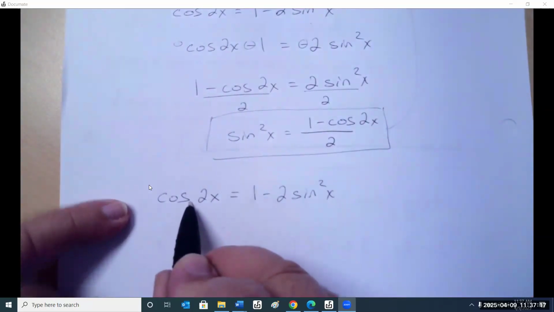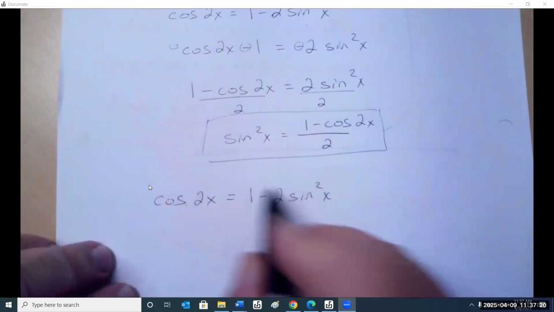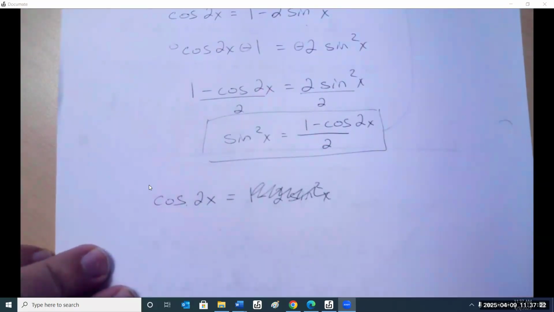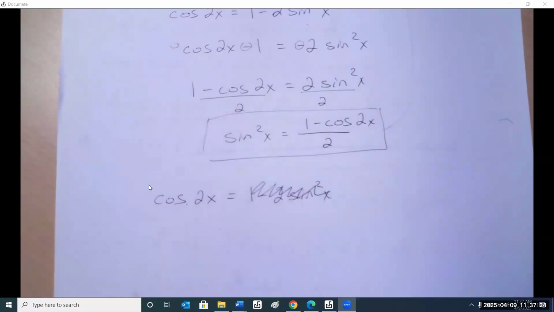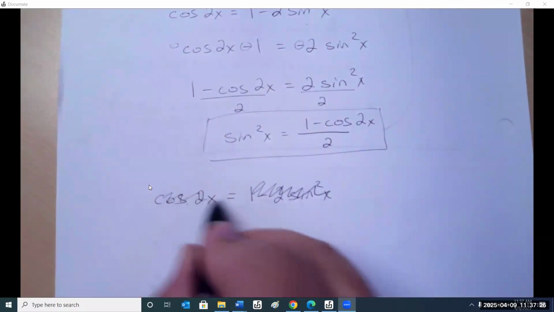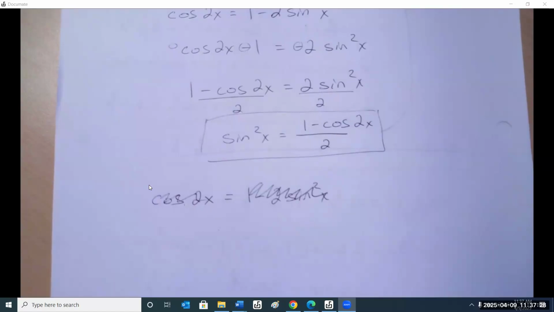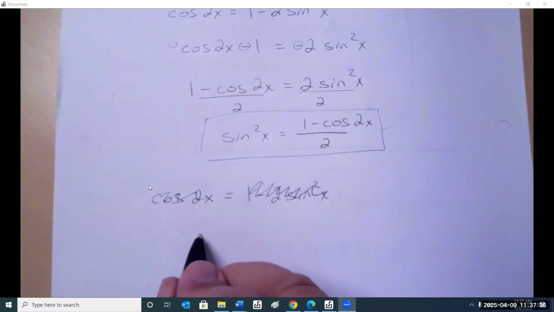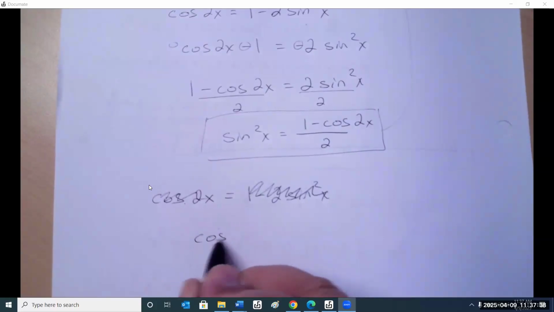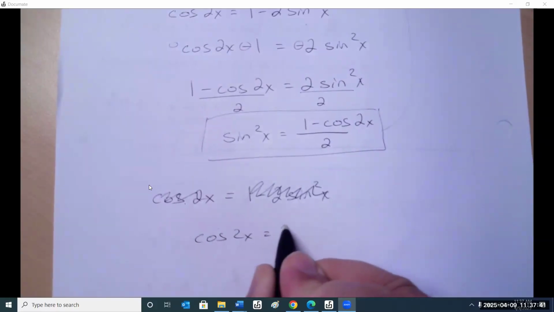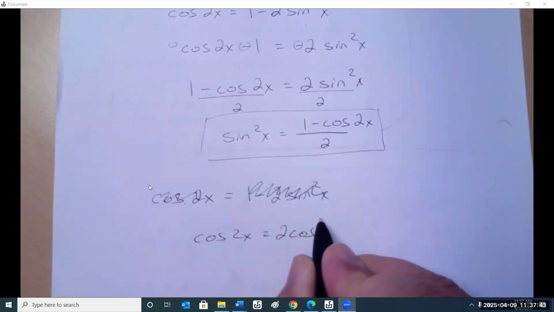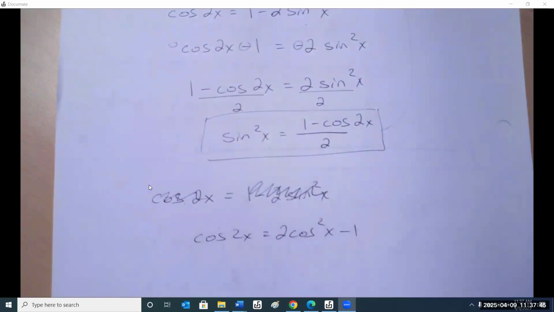So now we have sine squared, we need cosine squared here. So what are the functions for cosine? 2 cosine squared x minus 1. So cosine 2x is 2 cosine squared x minus 1, I believe, yeah.